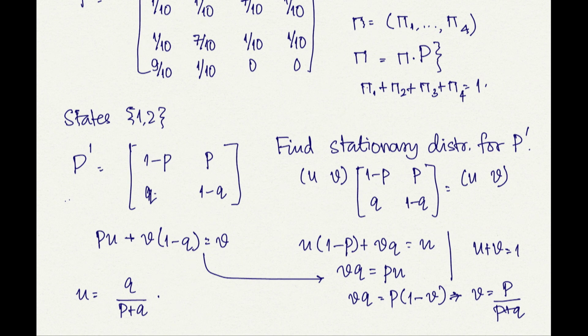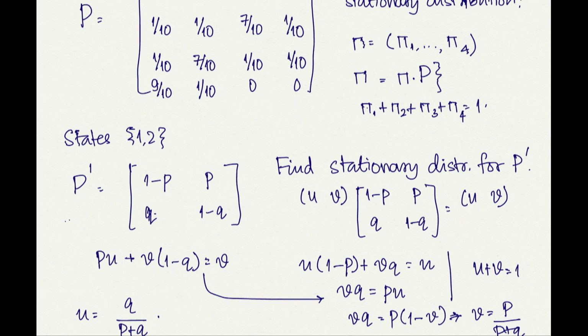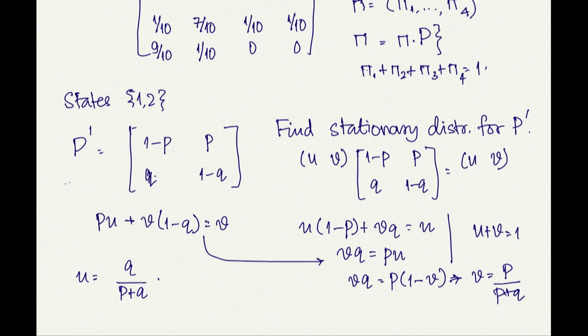Make sense? Ajitanshu, all good? Good. Now this is just a system of equations that we are trying to solve. We had 2 unknowns and 3 equations, but the second equation was redundant.